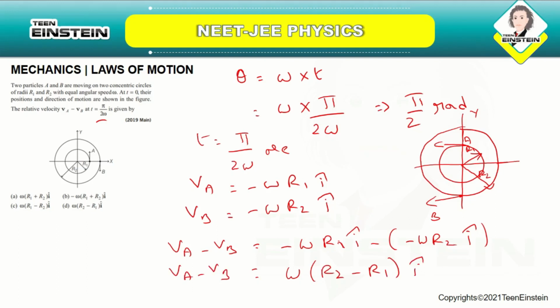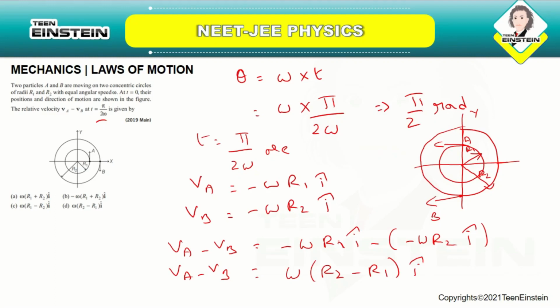So initially they have given you the two concentric circles of radii r1 and r2 with equal angular speed omega, and at t equal to 0 their positions and direction of motion are shown like this. And they asked what the relative velocity Va minus Vb will be at t is equal to pi by 2 omega. So when t is equal to pi by 2 omega, the positions of A and B will change like this as we have drawn here.